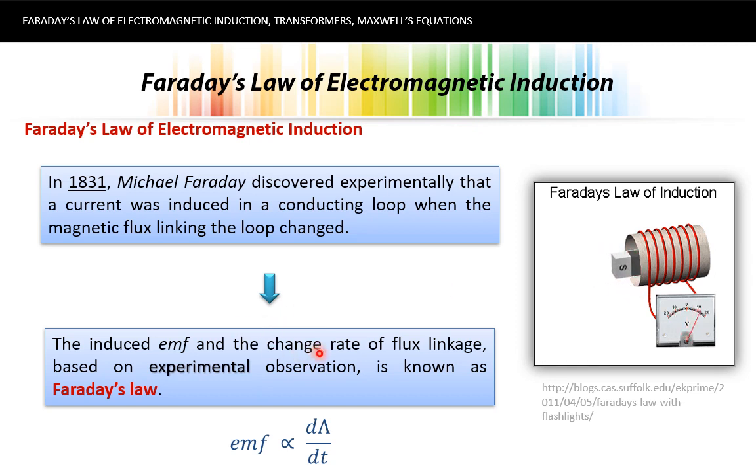The induced EMF and the change rate of flux linkage based on experimental observation is known as Faraday's law. That is, EMF is proportional to the rate of change of flux linkage, d lambda over dt.